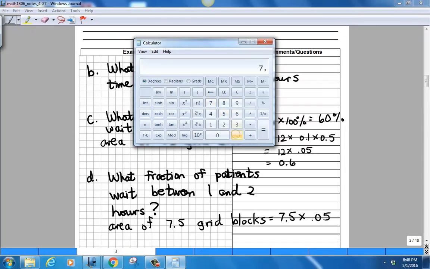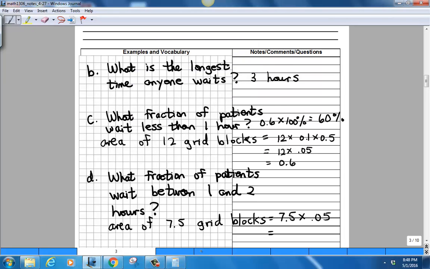That looks like about 0.375, which corresponds to about 37.5%.